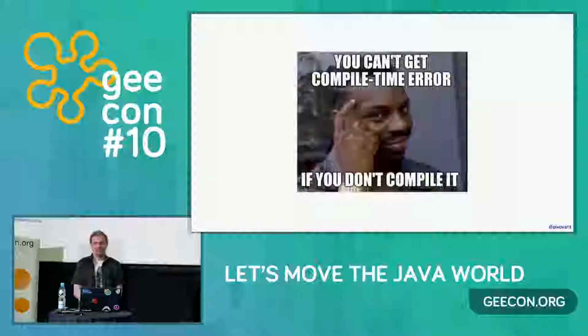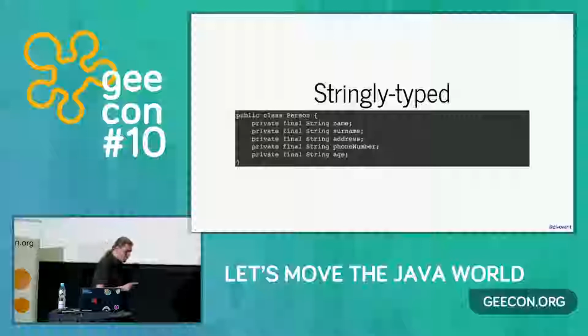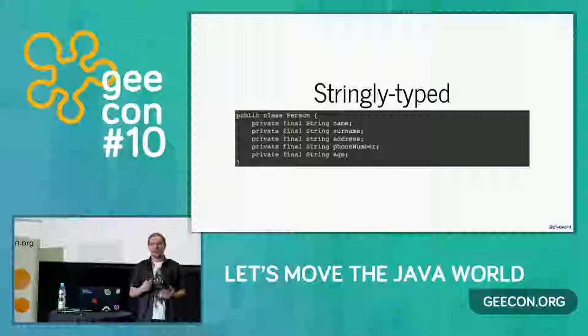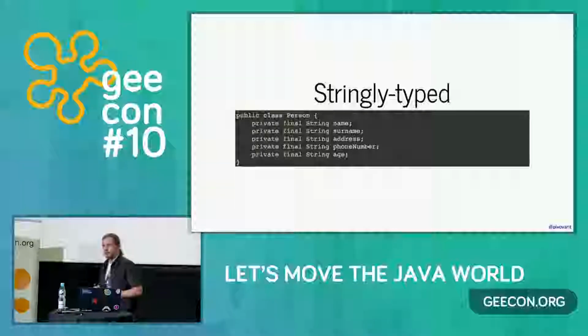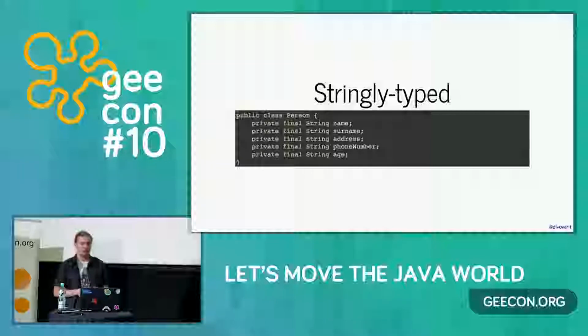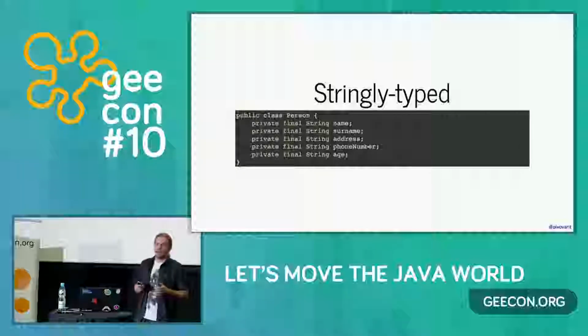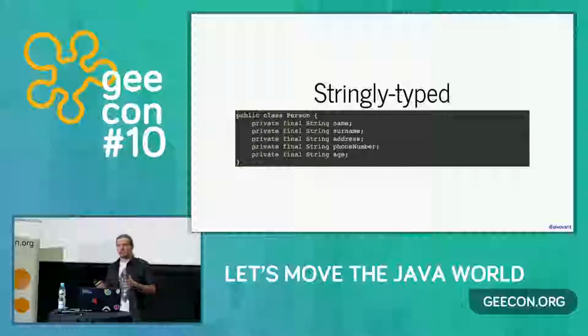But on the other side, if you don't compile your code, you don't get compile time errors, right? And if you actually want to leverage static typing in a proper way, it requires some effort. If you're working with JavaScript, for example, it's dynamically typed, you don't write types, and you're happy.